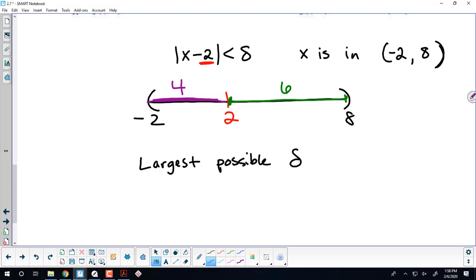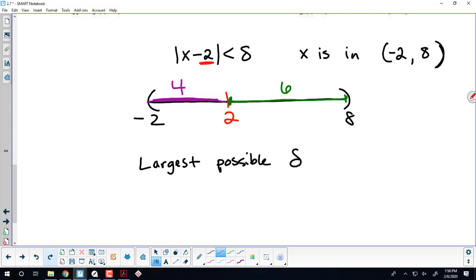If we chose 6, it's fine to the right of 2. But if we chose 6, it's not fine for the left of 2 because it puts us out here. We don't want to go outside of that interval or that window. So when you have an asymmetric interval like this, you're going to choose the smaller of the 2 delta values.